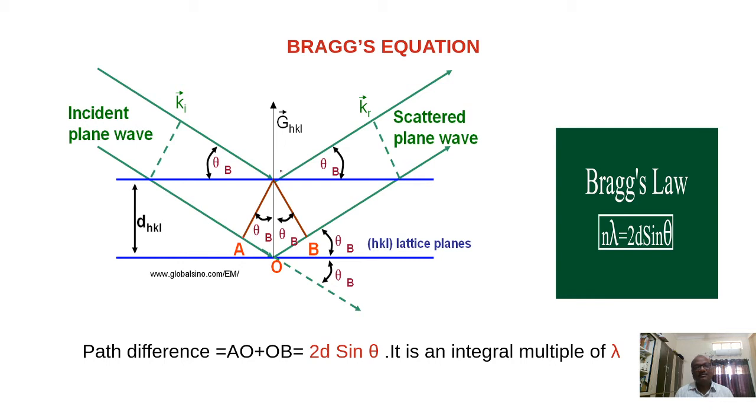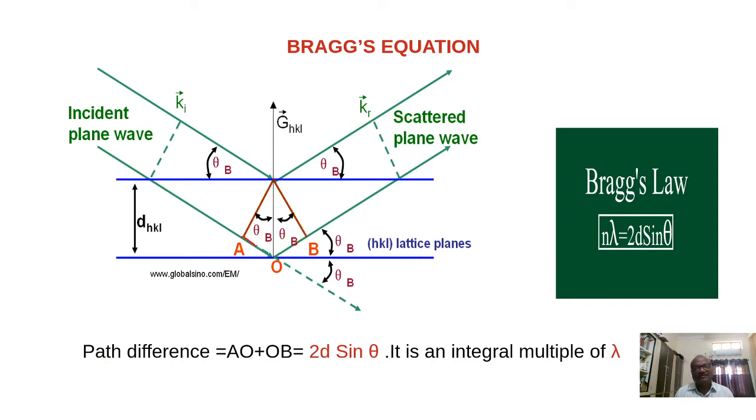Now you see, up to this mark, both of these rays travel the same distance from the source. After this mark also, they travel the same distance up to the photographic plate. Next, the extra distance traveled by the second X-ray is this one, that is AO plus OB. The extra distance traveled by the second X-ray will be equal to AO plus OB.